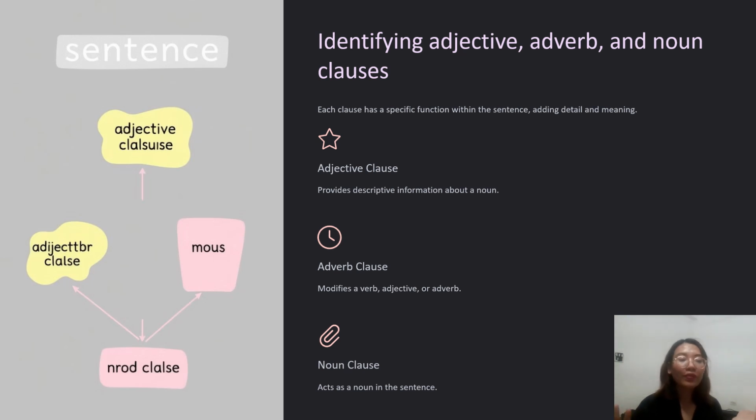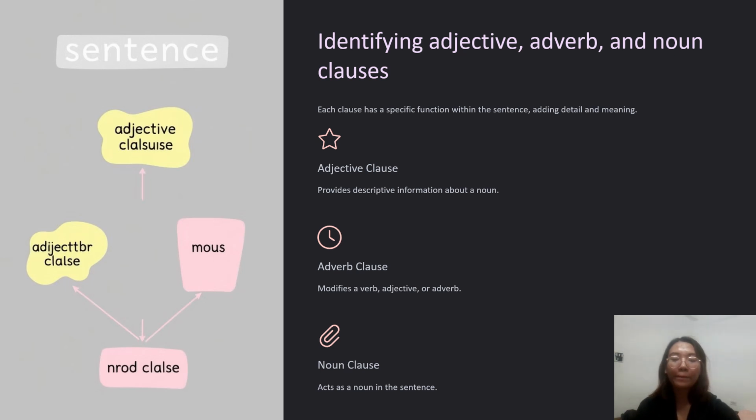So how do we know that this is an adjective clause? Adjective clauses usually start with words like who, whom, whose, which, that, where, when. These are the words to identify adjective clauses.